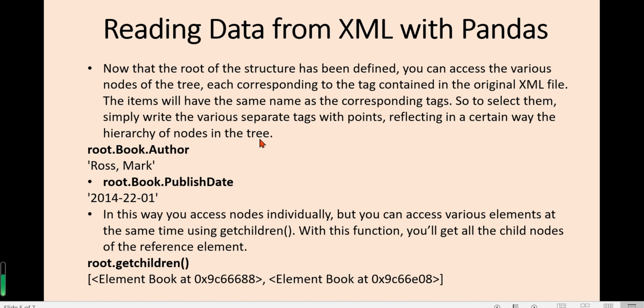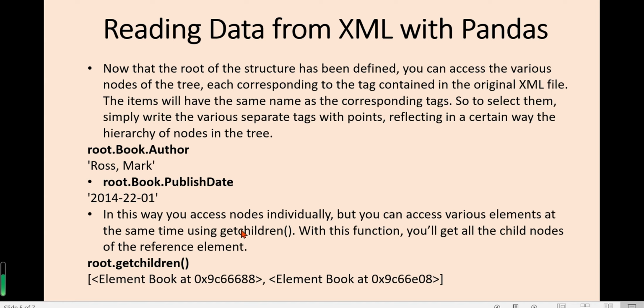This is quite similar to the HTML tag hierarchy. So we can write root.book.author, and it will show the value of the author. If we write root.publishDate, we get the value of the date.